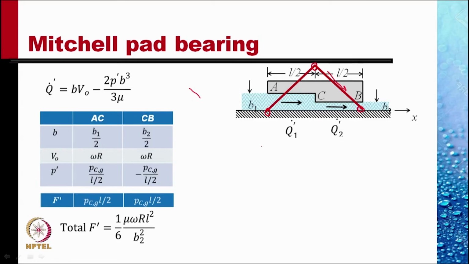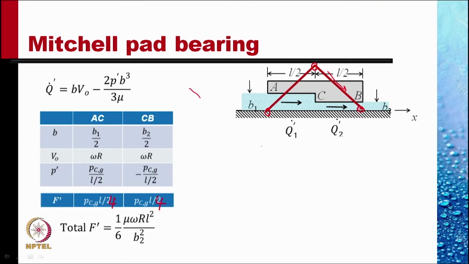So pressure acting on the part AC varies from 0 to PCG. The average pressure is PCG divided by 2. And so this is a force per unit length that we found. It is not 2, it should be 4. PCG divided by 2 into L by 2.